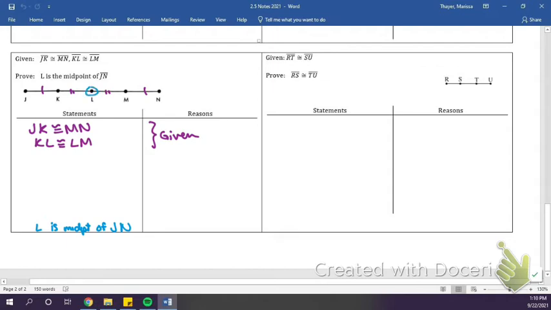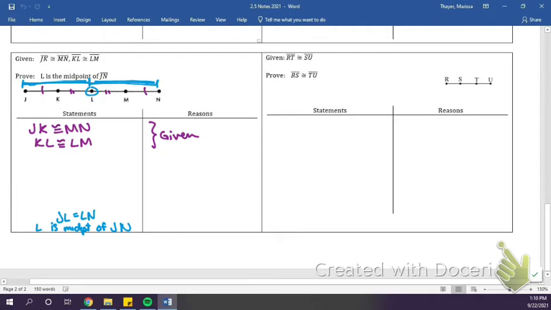If L is the middle of JN, that would mean that JL and LN are the same. It would be ideal if I could end up with that information, but when I look at this, I currently have no information on JL.